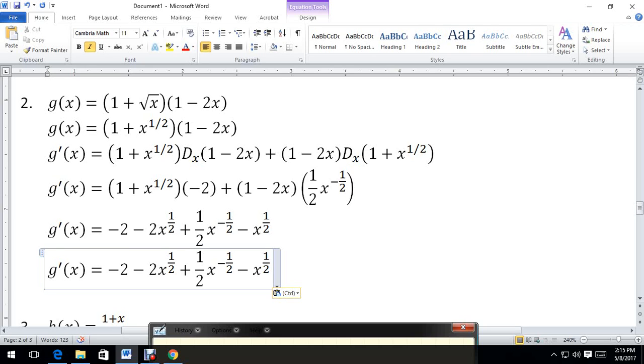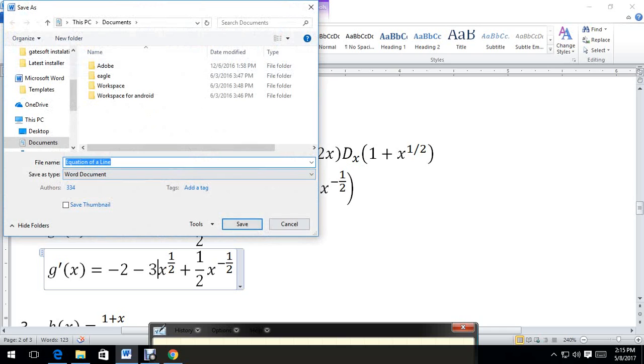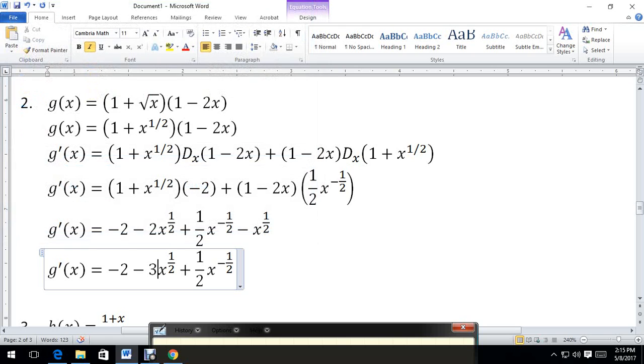So negative 2 minus 1 is equal to negative 3. So finally, g prime of x is equal to negative 3 x raised to 1/2 plus 1/2 x raised to negative 1/2. This would serve as the derivative of our original product, 1 plus square root of x times 1 minus 2x.